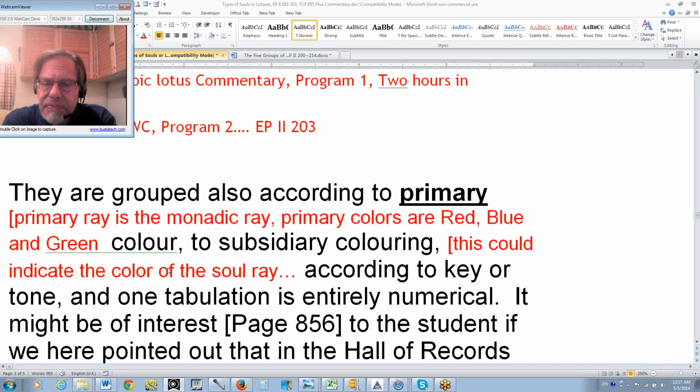All the triadal permanent atoms are of the same ray, but the secondary focus in the triad gives us pretty much the ray of the soul.